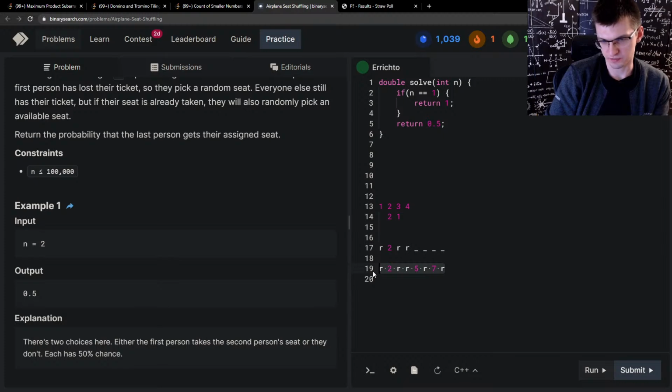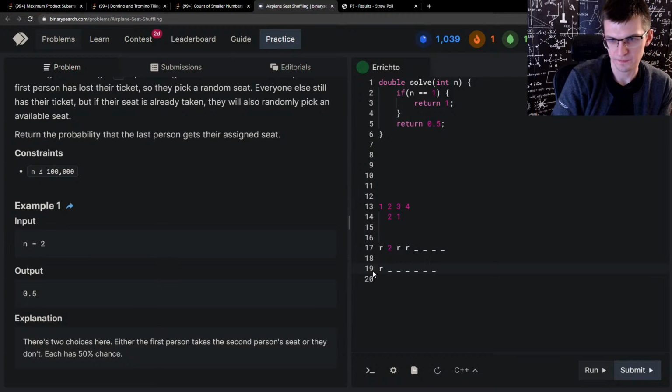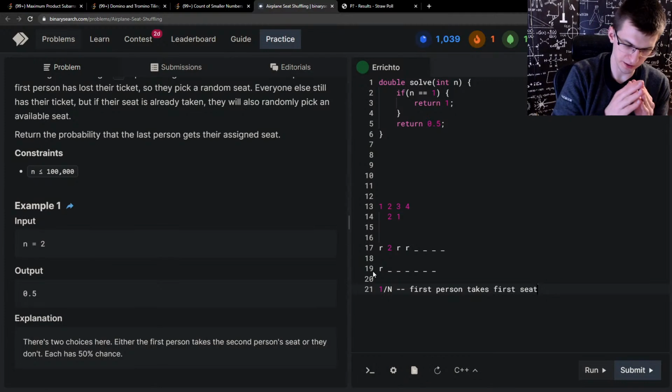For the first person, he takes a random spot. Then the second person, there are n spots. With probability 1 over n, the first person takes the first seat, so then everybody gets a proper seat, and that's the end.